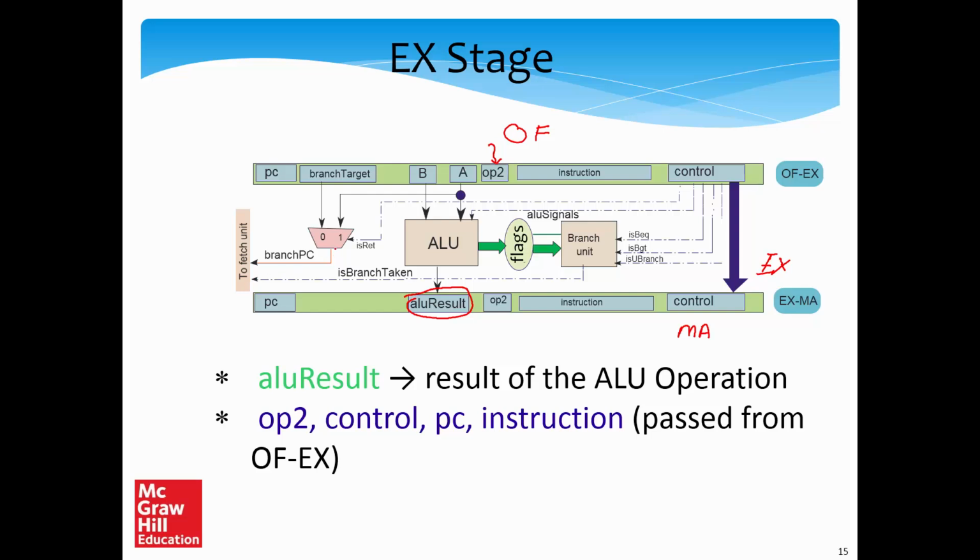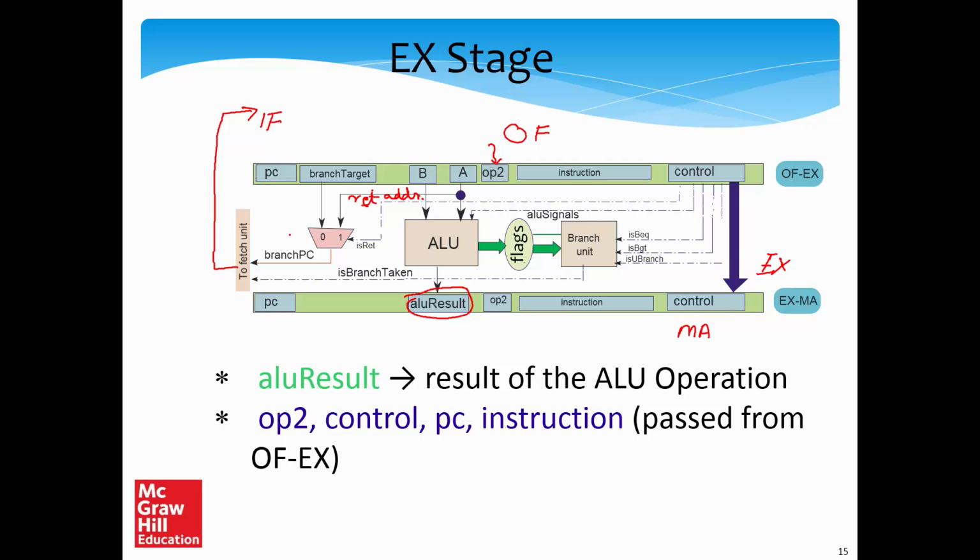And also we have a multiplexer that chooses between the branch target that comes from the previous stage and the contents of register A, which will contain the return address in the case of a return instruction. Otherwise, it will be the branch target. So using the isRet control signal, we choose between them to compute the branch PC. These are then sent to the IF stage, to the fetch unit.